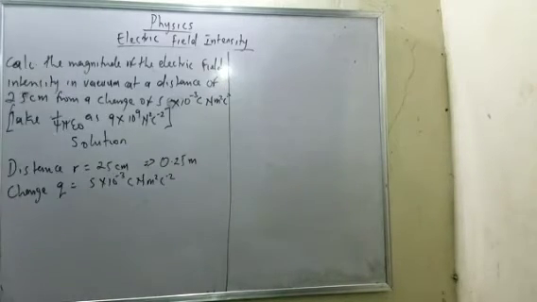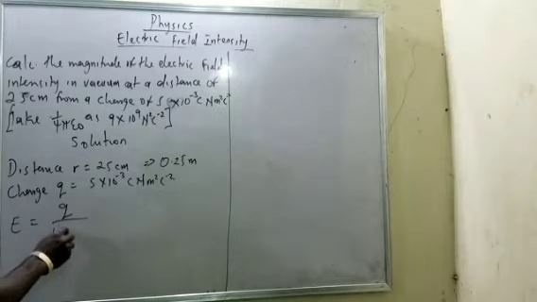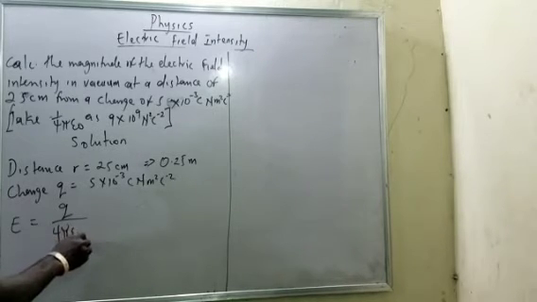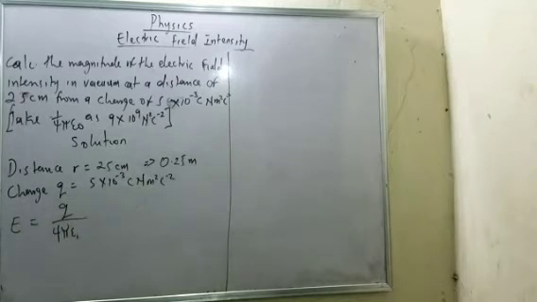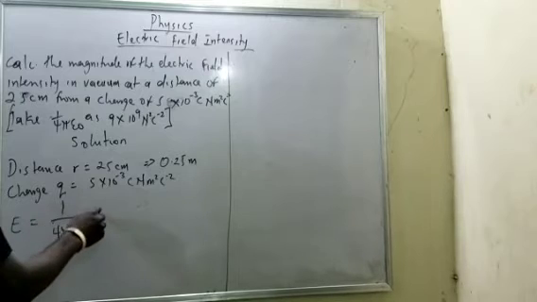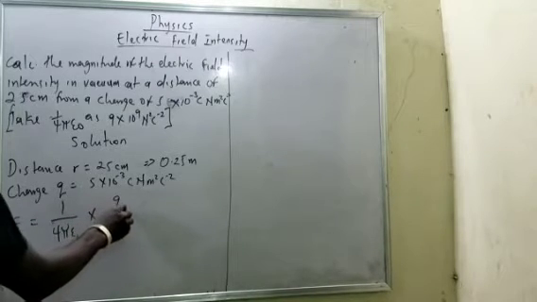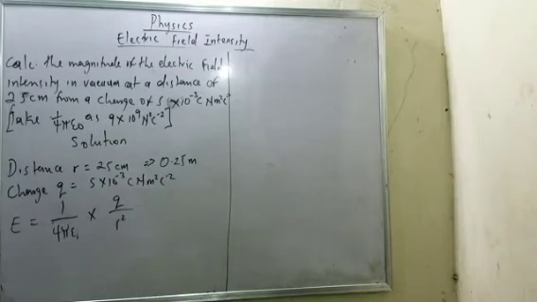Now, since I have that, I can continue by having my E equals K times charge all over distance squared. Normally it's supposed to be 1 divided by 4 pi epsilon naught, multiplied by charge all over distance squared. This is how it always is.